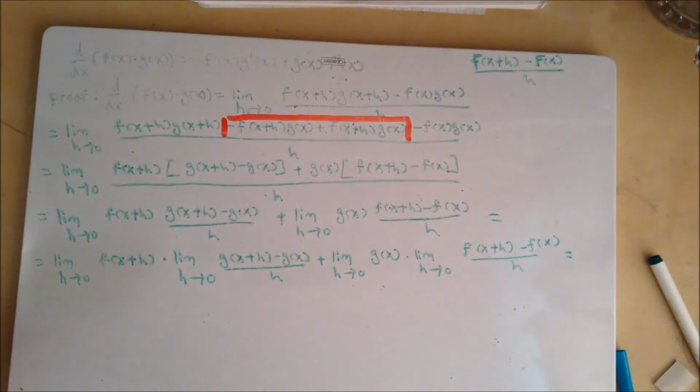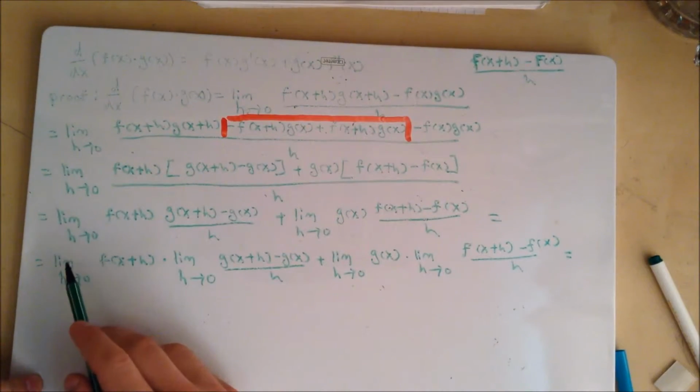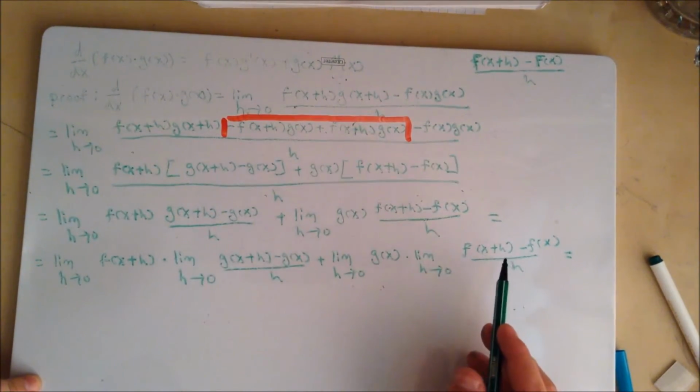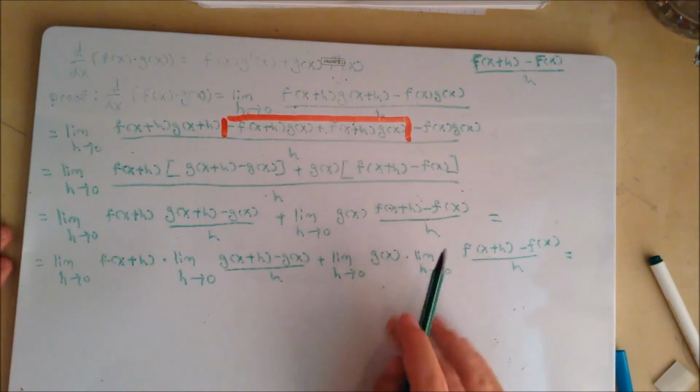So what I did here is by the limit laws, I just applied the limit here, and then I multiplied, added, and multiplied. This is just by your limit laws.